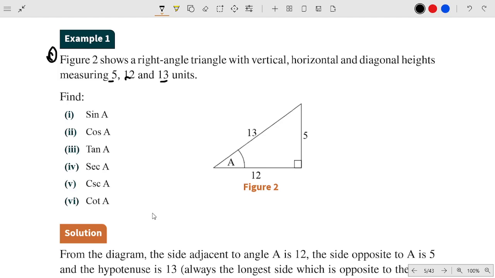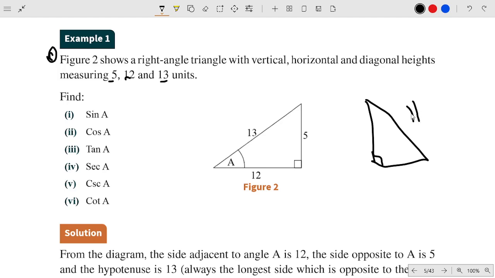Alright, so basically in our previous video we talked about how to use this right angle triangle to determine the sides. The side which is facing the right angle, which is always the longest side, is called the hypotenuse.